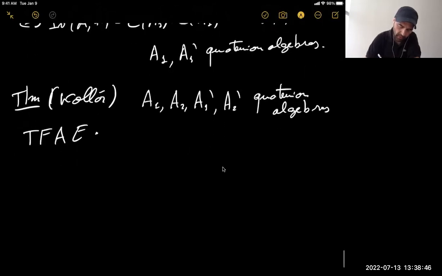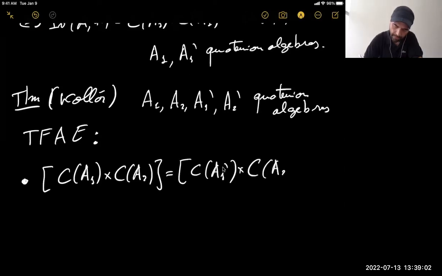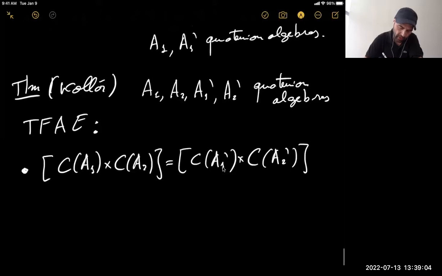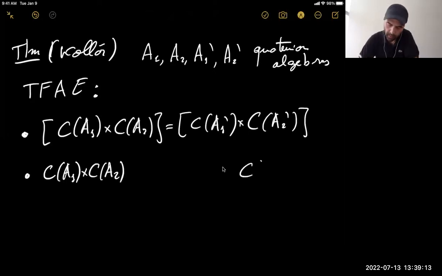First of all, this product of these two conics has the same Grothendieck class as the product of these two conics. That is actually equivalent, not for them to be isomorphic, so this is where it fails, but for them to be birational to each other.